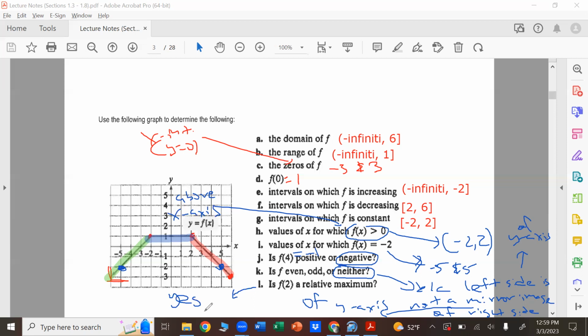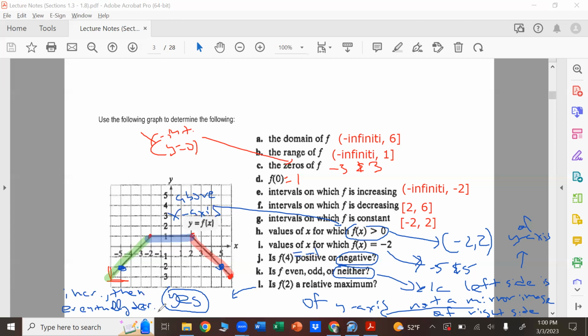Some of these are debatable. I think K and L are pretty debatable. I'll give you ones that are less debatable, or more clear.